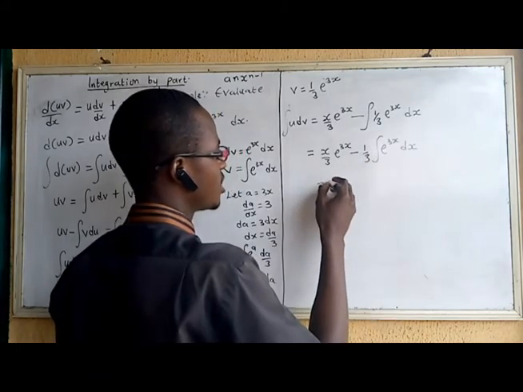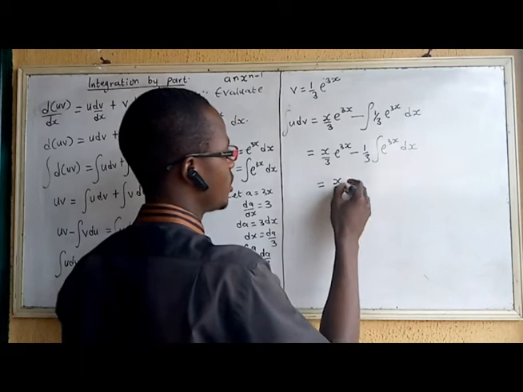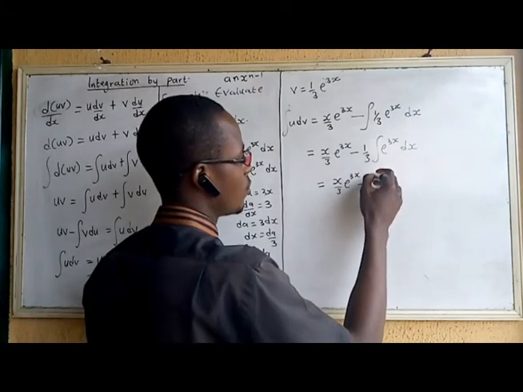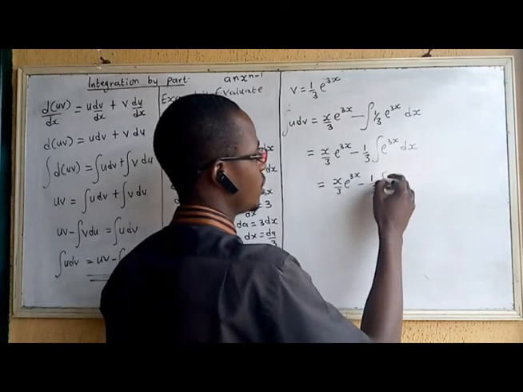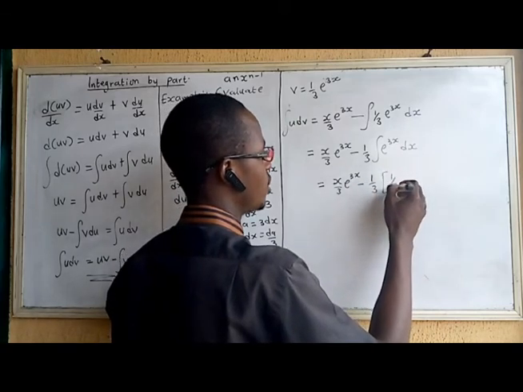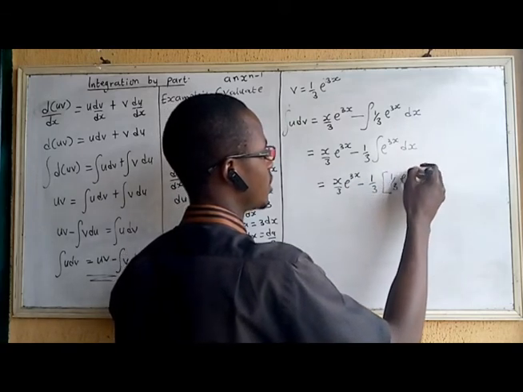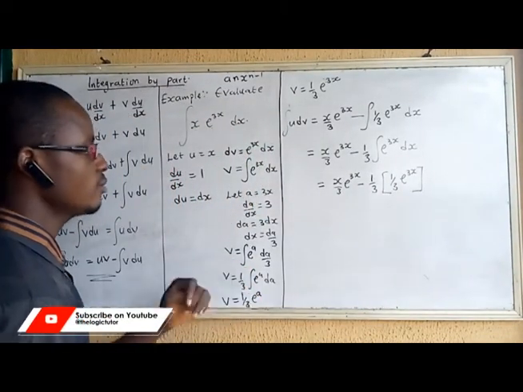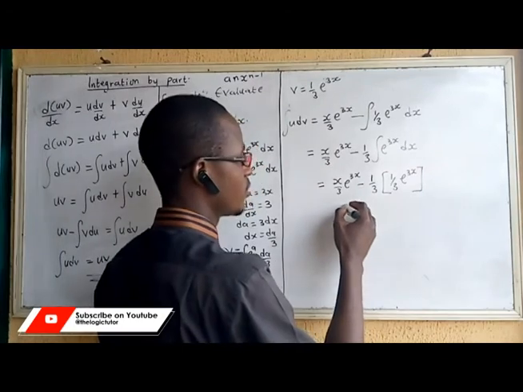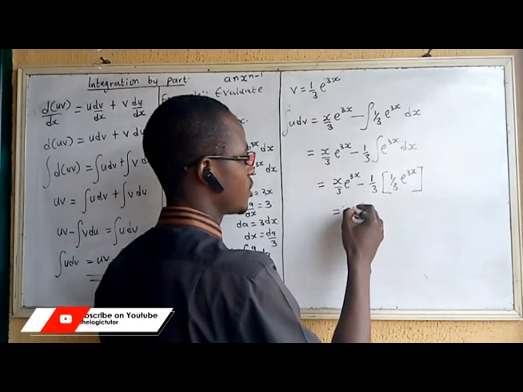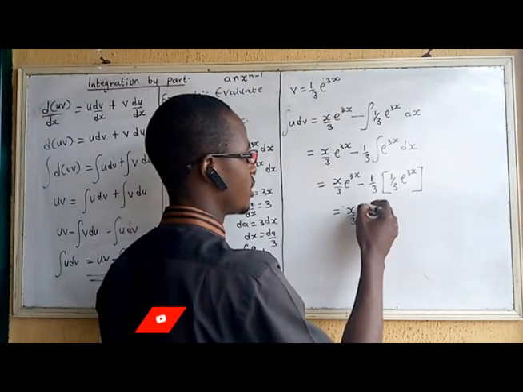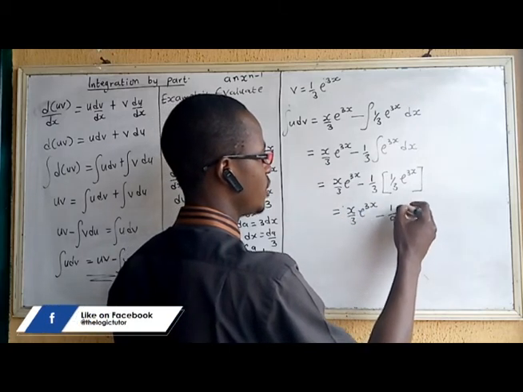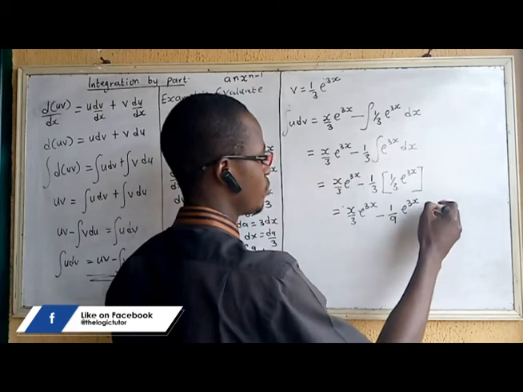So which implies that we have x over 3 e raised to power 3x minus 1 over 3 in brackets 1 over 3 e raised to power 3x, just like the way we did for this. So then we have x over 3 e raised to power 3x minus 1 over 9 e raised to power 3x plus c.